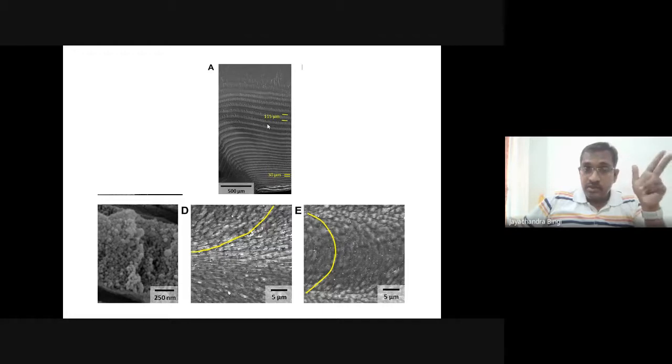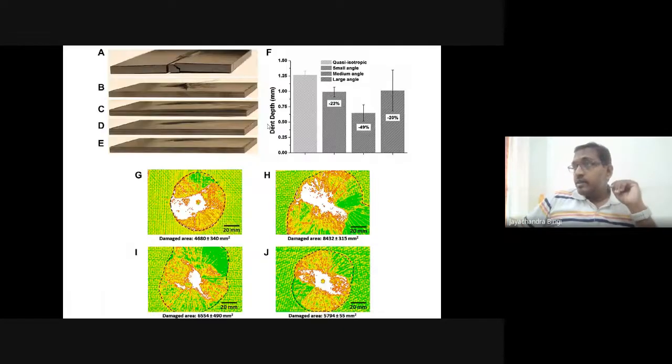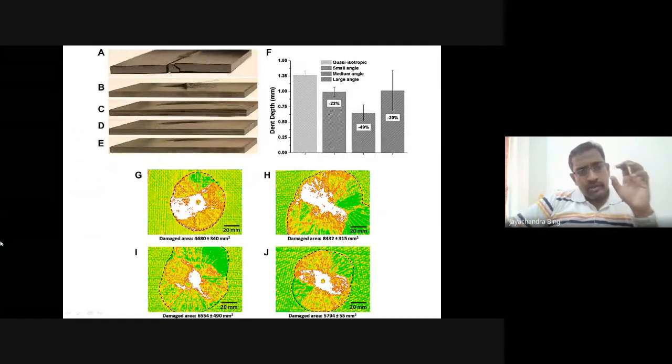That means with respect to the x-axis, there are two variables, angle as well as spacing. When they tested, it is clearly visible that the impact resistance was very good in the case of this kind of twisted structures. So that is the hierarchical construction I wanted to introduce to you.